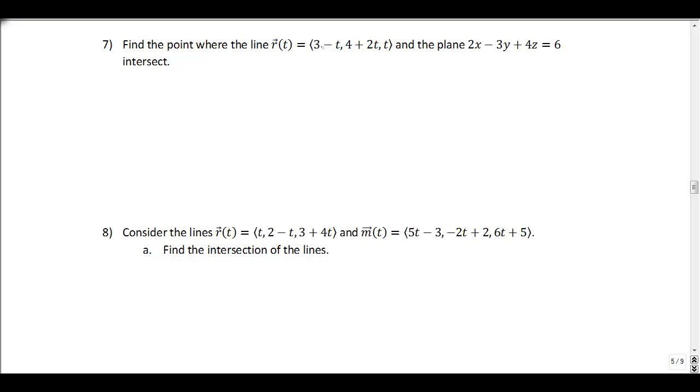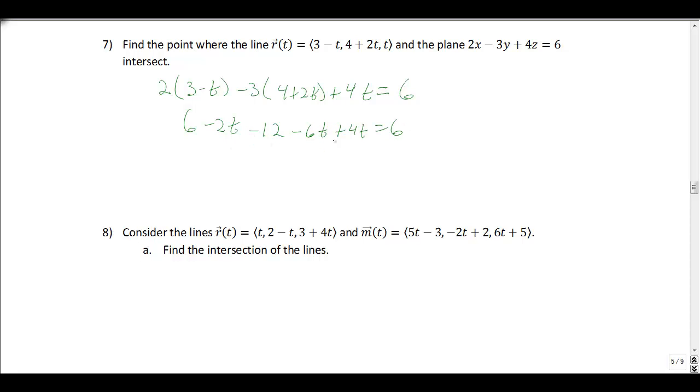So what we're going to get is 2 times (3 minus t), minus 3 times y, which is (4 plus 2t), plus 4z, which is just t. That should equal 6. So we get 6 minus 2t, minus 12 minus 6t, plus 4t equals 6.